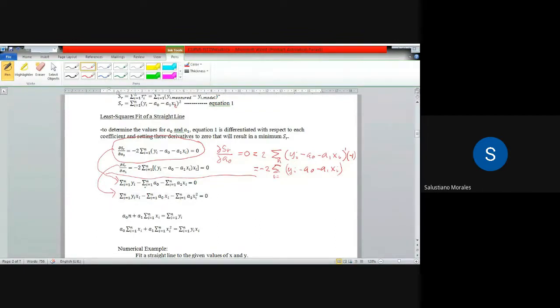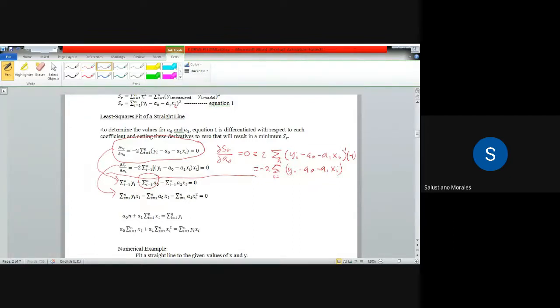So, we move the summation of A0 to the other side of the equation. It will become positive. And if you look at this value, the A0 has no i, meaning the summation should be A0 plus A0. Let me show it here so we won't be confused. I'll use a different color.